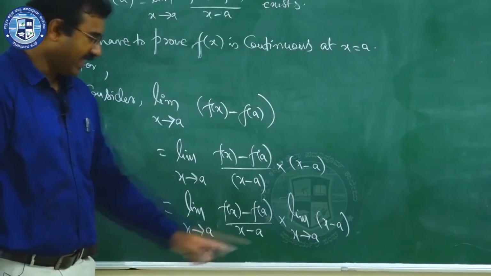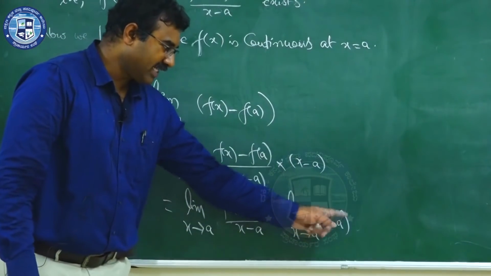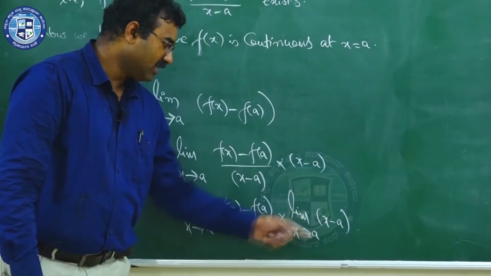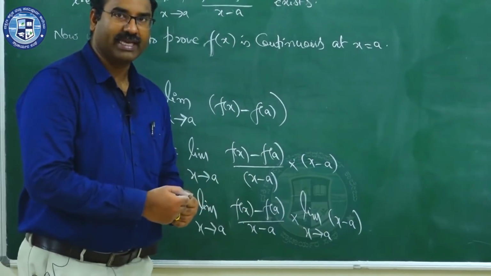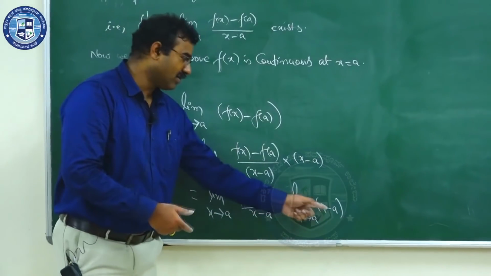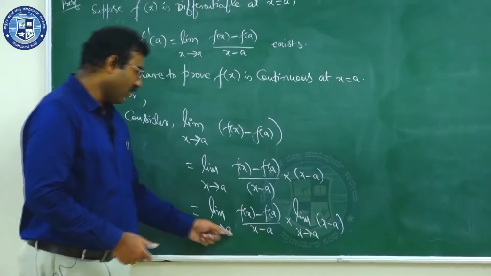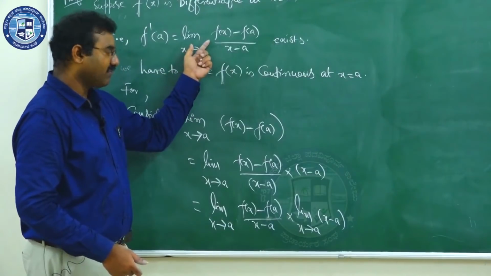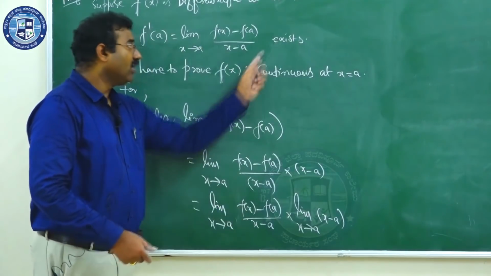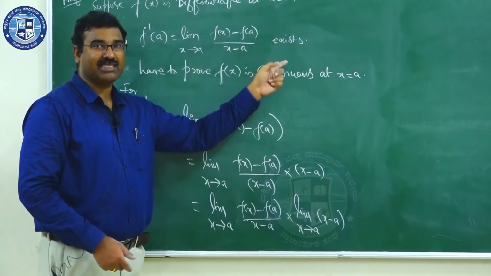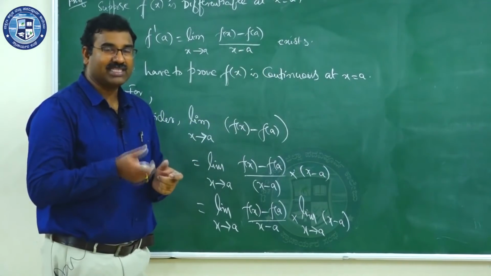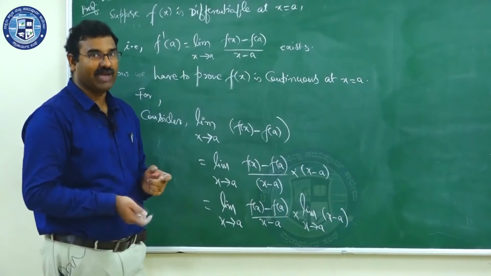Now when x is coming close to a, the x minus a value will be 0. And what about this? It is a familiar format for us. It is f dash of a. Here f dash of a exists in the sense it's a finite value. Remember that. Whenever we say the limit exists, that means it's a finite value.